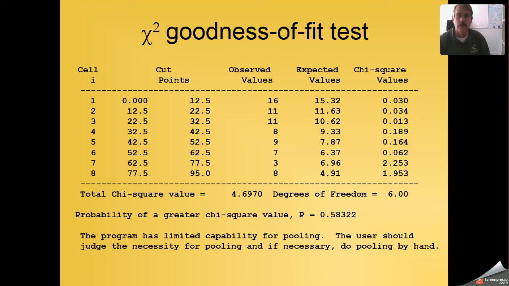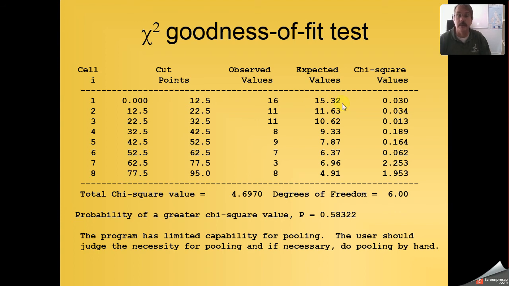So a table of observed values and expected values can be computed across all U of these different cut points. And so this says, how many detections were there between 0 and 12.5 meters? Professor Buckland had 16 sightings of this bird species in that distance category.